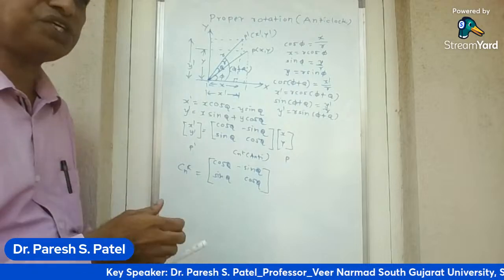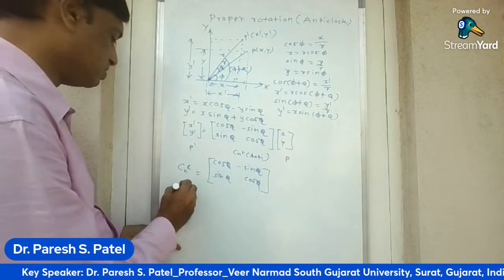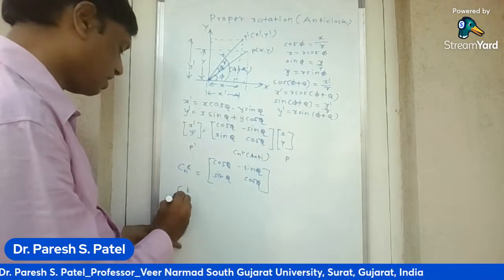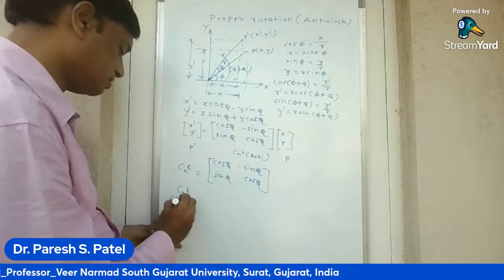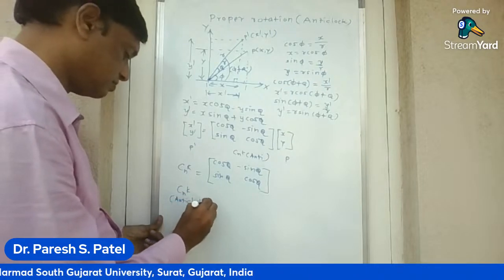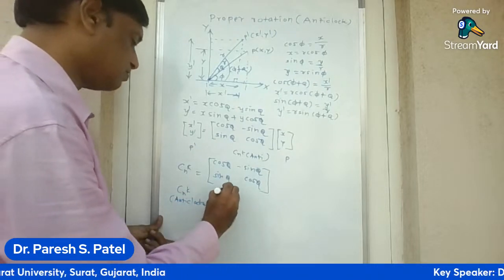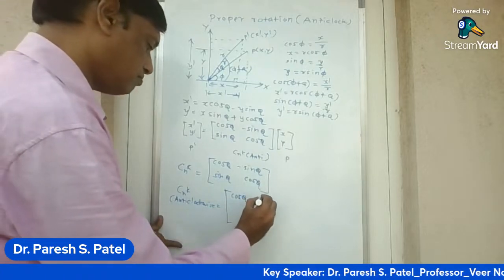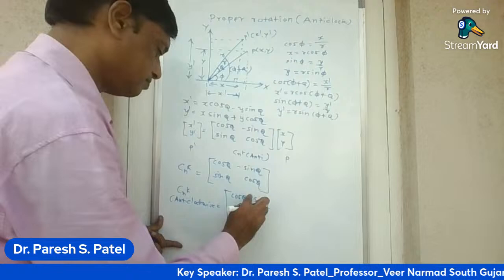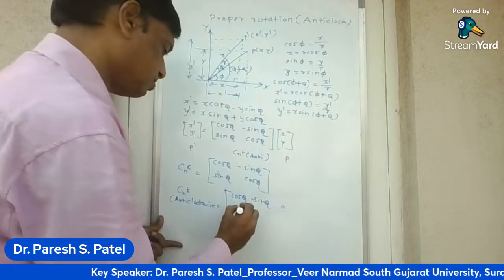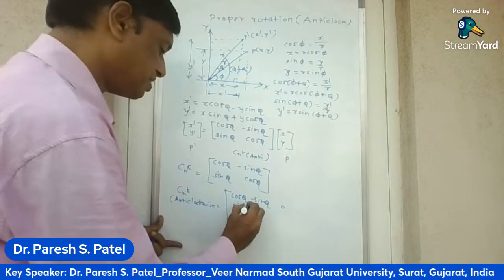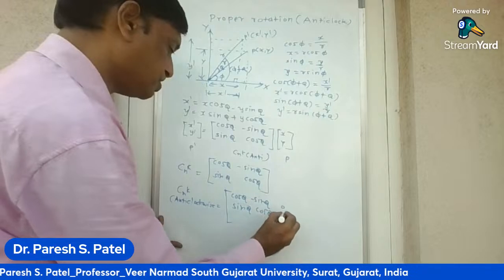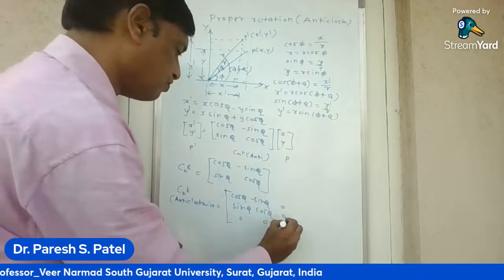So we can extend it to a three-dimensional system. So C_n anti-clockwise is equal to cos theta, minus sin theta, 0, sin theta, cos theta, 0, 0, 0, 1.